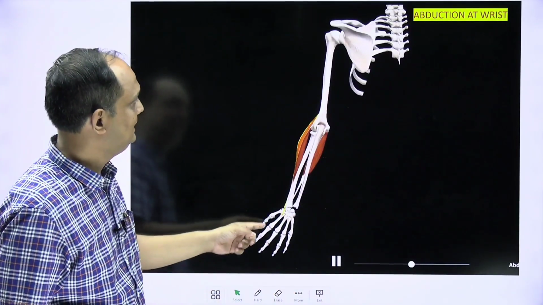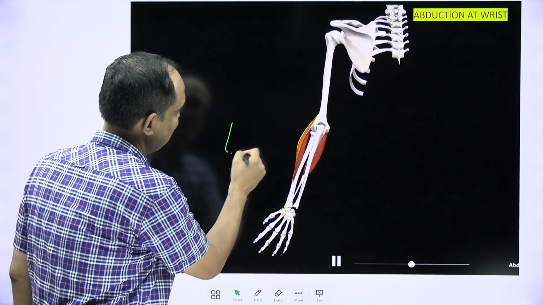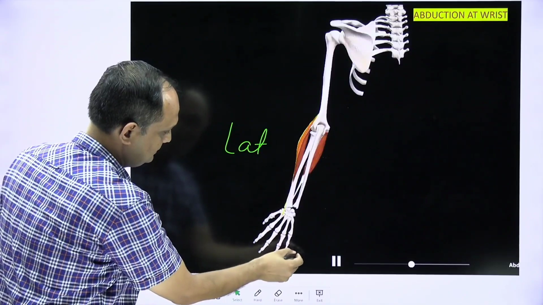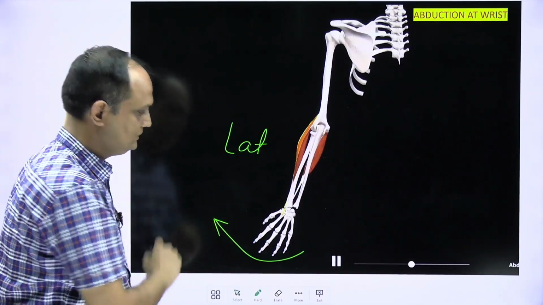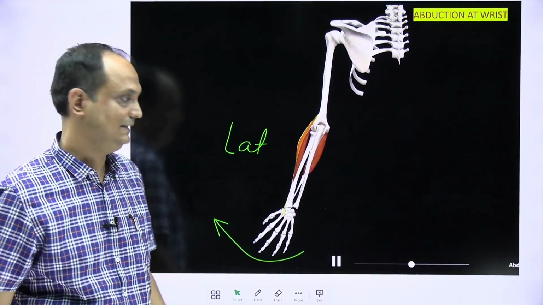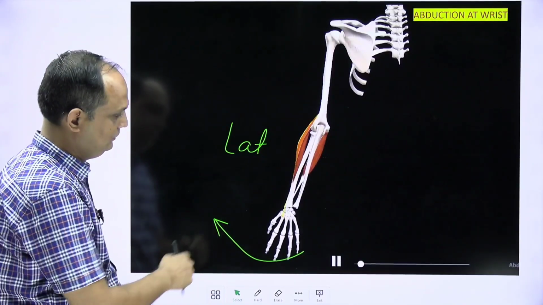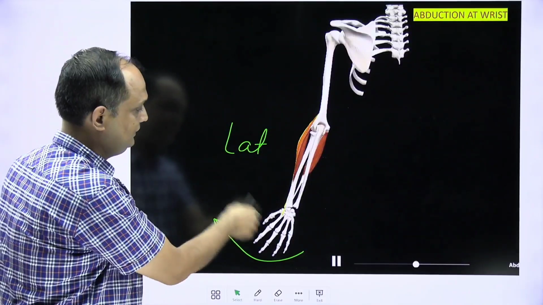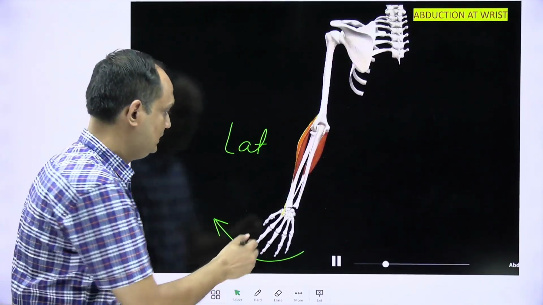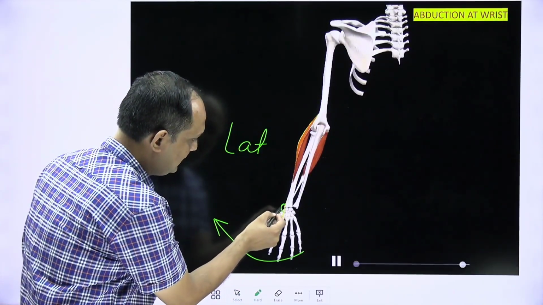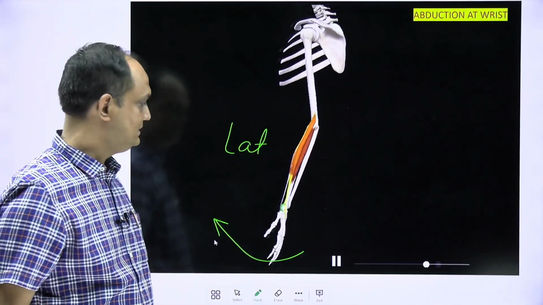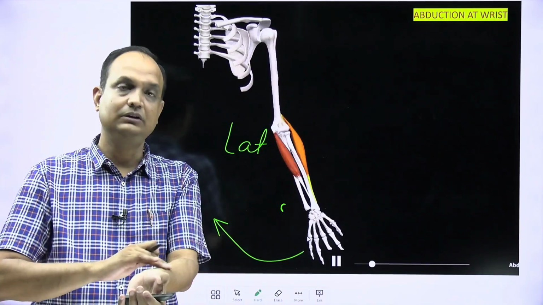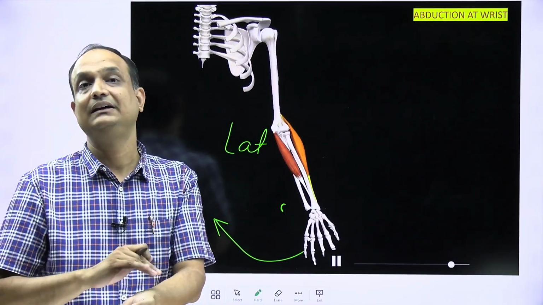Here you can see this is the lateral side of the forearm, this is the medial side. So at the wrist, the palm will shift towards the lateral side. Here you can see this is the neutral and this is shifting towards the lateral side. This lateral shifting is possible because muscles are acting on this part of the wrist joint, and it is not only the action of the posterior muscles, but also of the anterior muscle, the flexor carpi ulnaris.